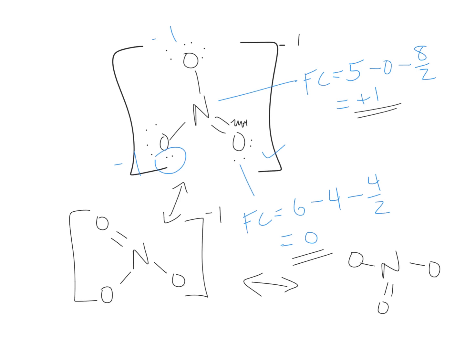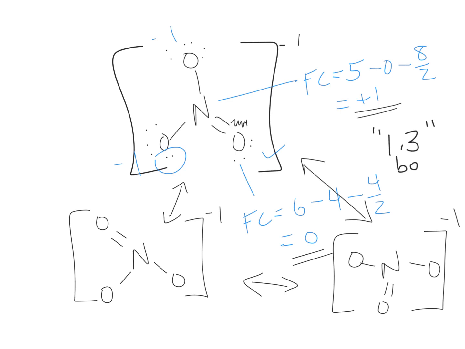We don't really know. And as a matter of fact, you should understand, it doesn't actually exist in one place or the other. Those electrons get shared throughout the molecule, and this would be a classic example of a delocalized bond. It's like a 1 1/3 bond that exists between the nitrogen and the oxygen here.